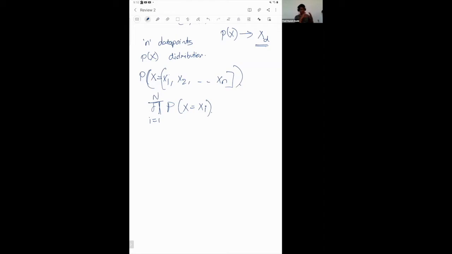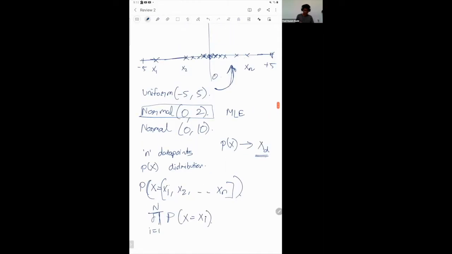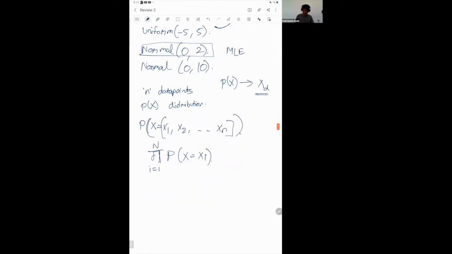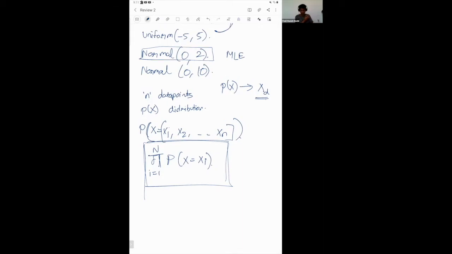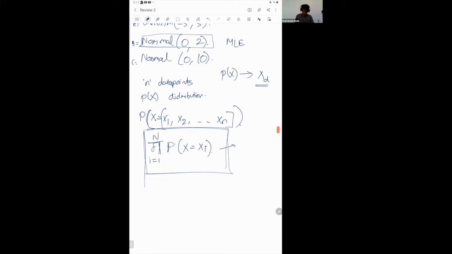But since all of these are independent of each other, I can just focus on each of them individually and see what's the probability of me seeing this data point, this data point, this data point under all the distributions. And this is how I would evaluate each of these distributions, let's say this is A, this is B, and this is C. And this is nothing but the likelihood of seeing your data.